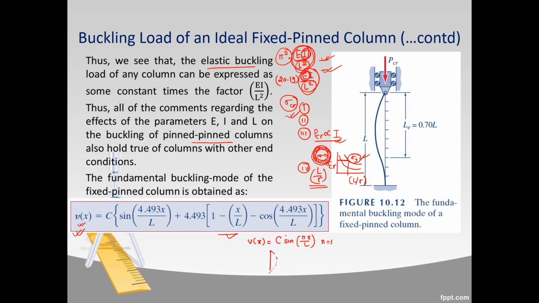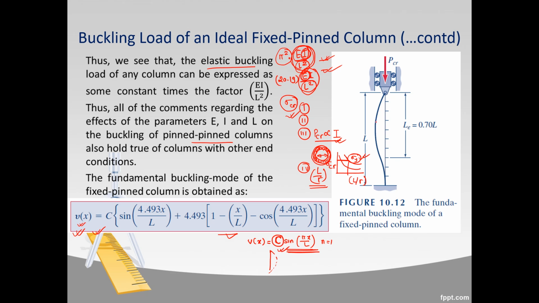And I forgot to tell you in our previous lecture, but this C represents the magnitude and direction of our deflection. And this curve that is given here represents the mode shape. So we got a more complex mode shape or buckling mode for our fixed pin column here. And the fundamental buckling mode is shown in the diagram here also.